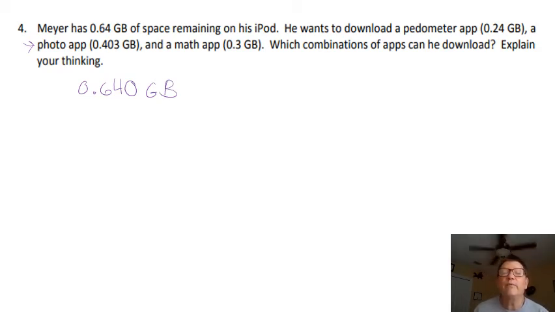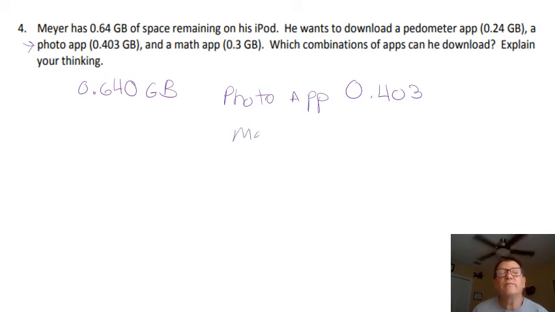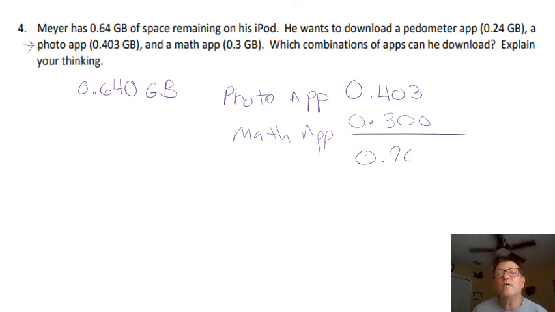So the photo app he can do, which is 403. Now, if I were to try to do the math app, that would be 3/10 of a gigabyte. When I add these, make them all the same unit and add it up, we cannot have the math app with the photo app.